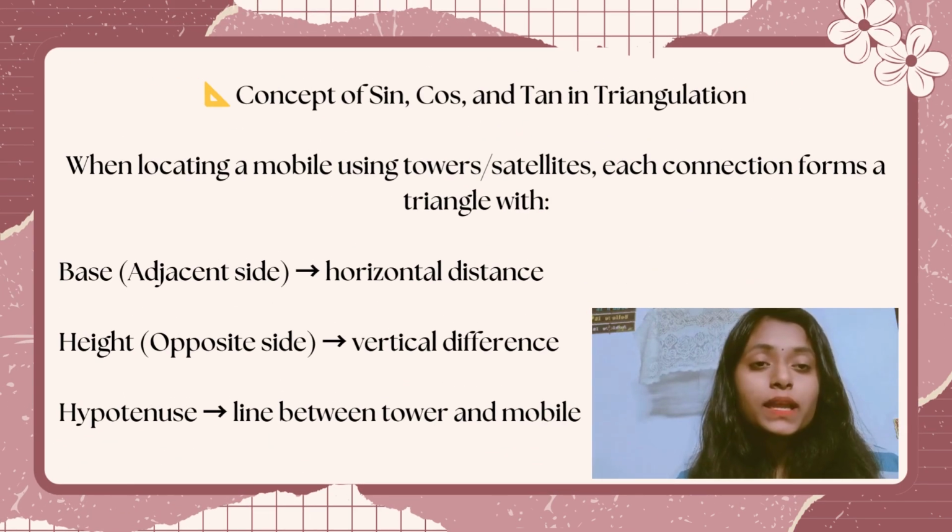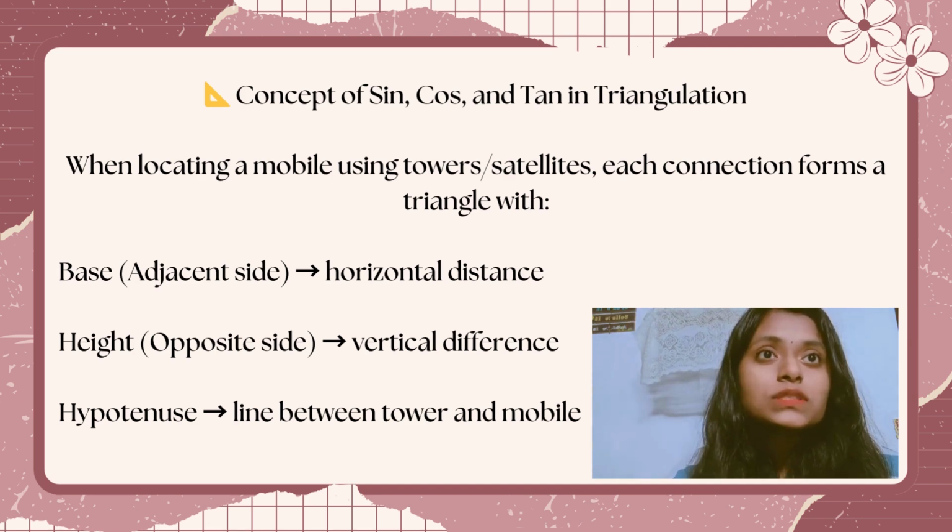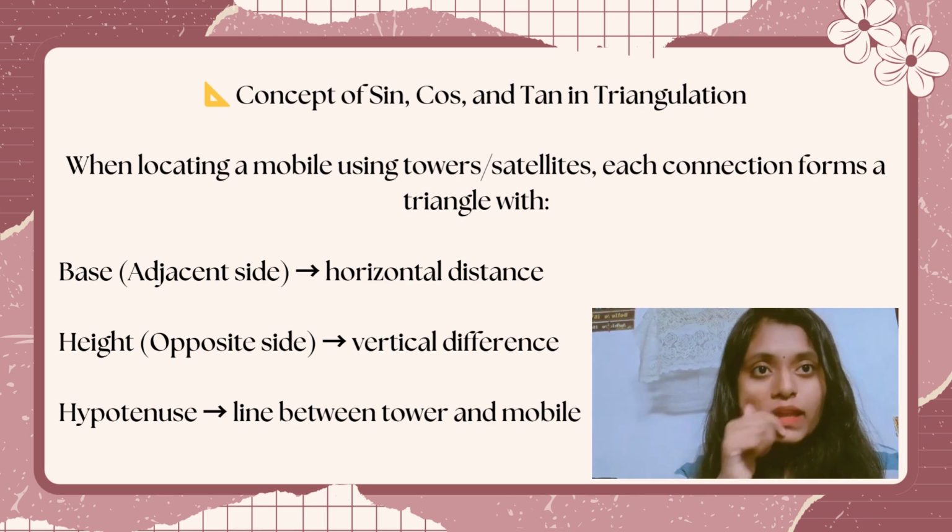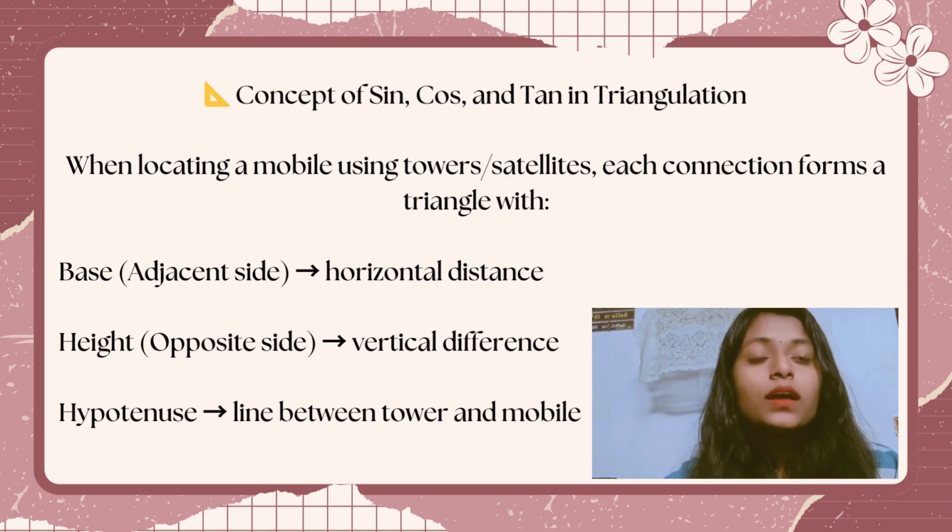The next part is the concept of sin, cos, and tan in triangulation, which is used when locating a mobile using tower or satellite. Each connection forms a triangle, where the base represents the horizontal distance between the tower and the mobile.